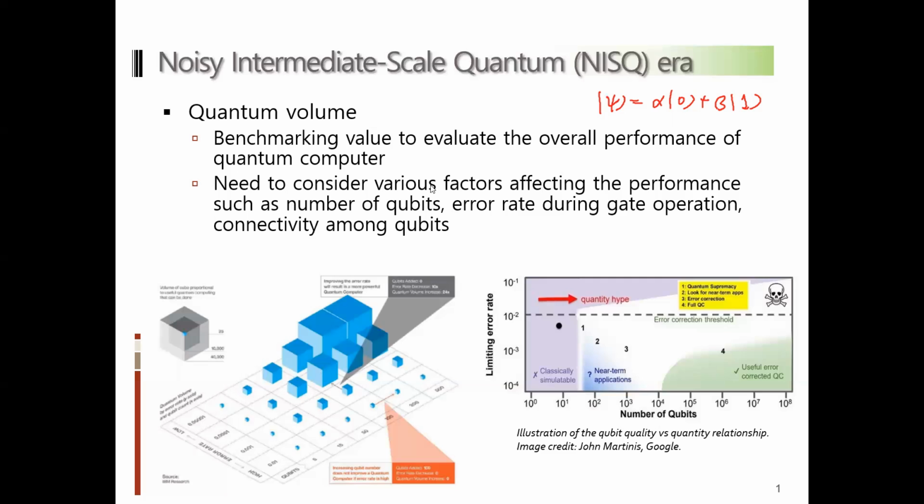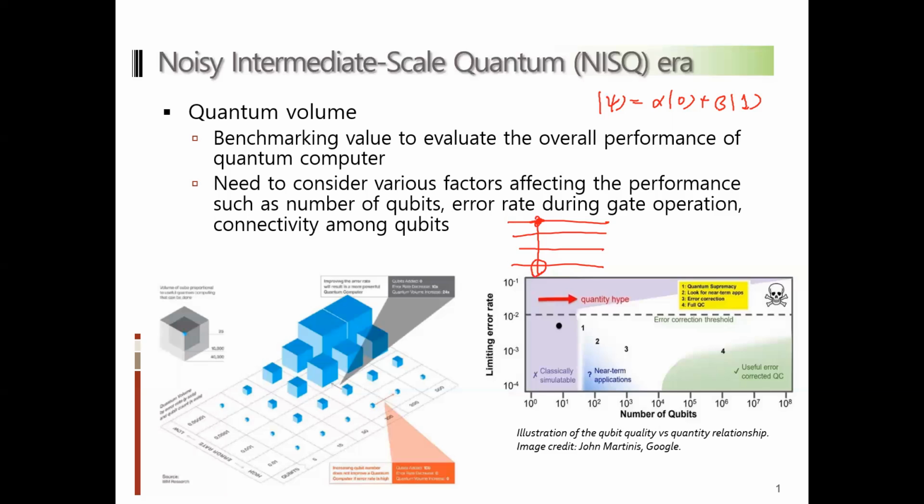Another factor which is not represented here when you are considering the concept of the quantum volume is that not only the error rate or the number of qubits, but connectivity between qubits is also important. When I was drawing the quantum circuit like this one, I generally said that this first qubit can be combined with any of the different qubits.